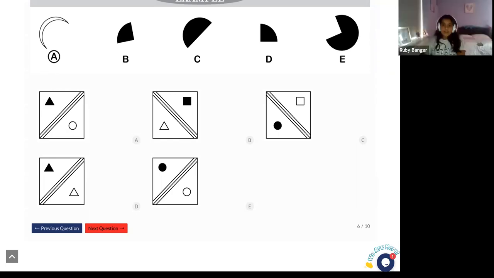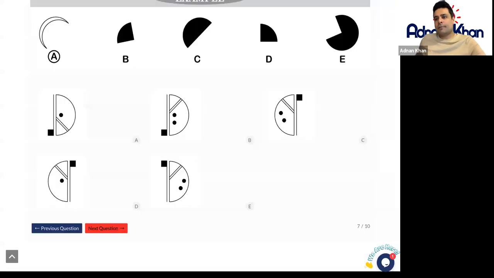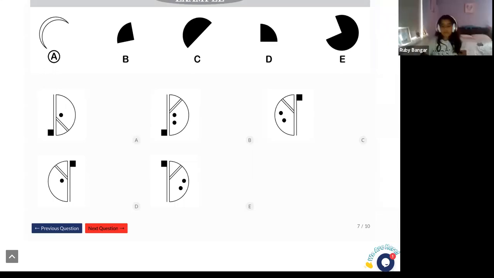I think it's going to be C because all of the other letters have a black shape on the top and a white shape on the bottom, but it's the other way around for C. Lovely. On top of the 3 diagonal lines, all the shapes are black, but C is the only shape that's plain on top of the diagonal lines. Thank you so much, Ruby. Just mute yourself. And let's go on to the next question.